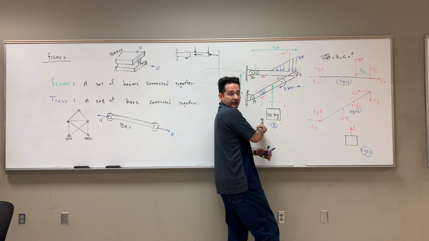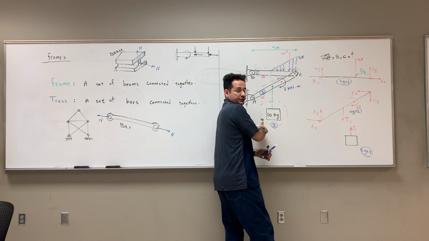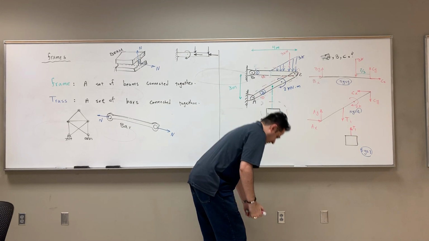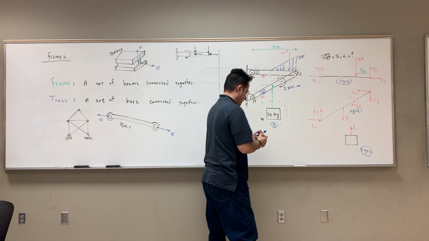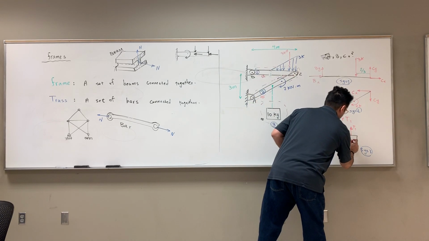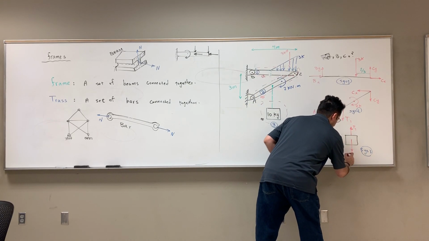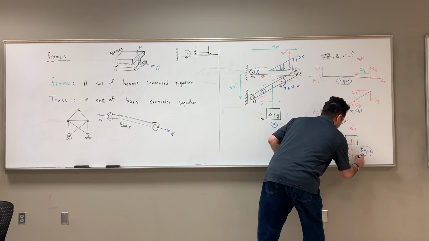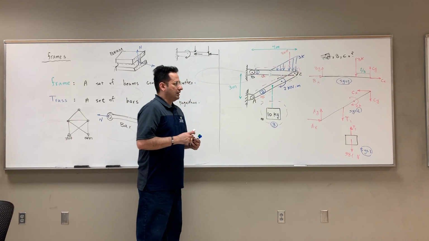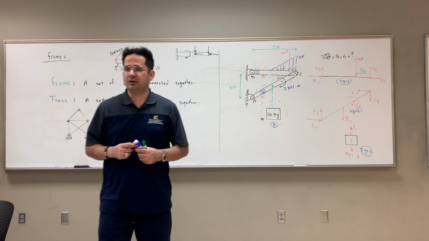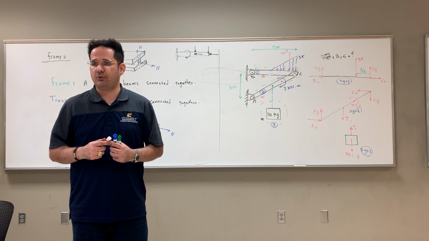No other surface forces. But what about body force? Do I have body force? Yes. And this value is equal to 10 times 9.81, which is 98.1 newtons. Alright? So that's all. That's my step 2, which is the free body diagram.